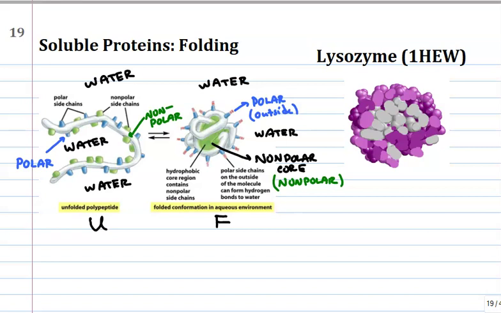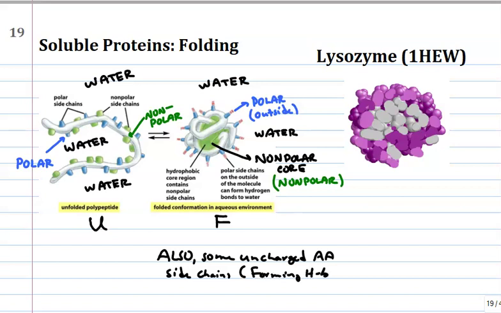What we do know, one little exception to this, and I think this is important to know, is that you might find some uncharged amino acid side chains forming hydrogen bonds in the nonpolar core.